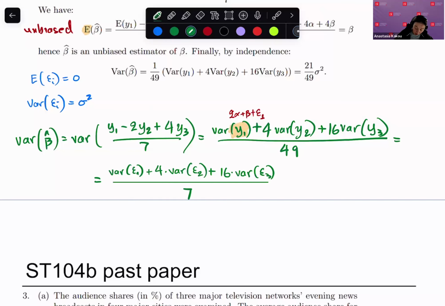Now, all of these error terms have the same variance. So we end up with 21 sigma squared over 49, and so that's 3/7 sigma squared.